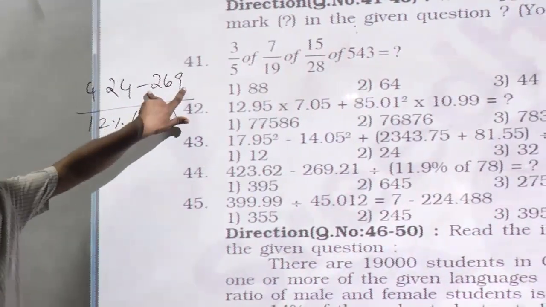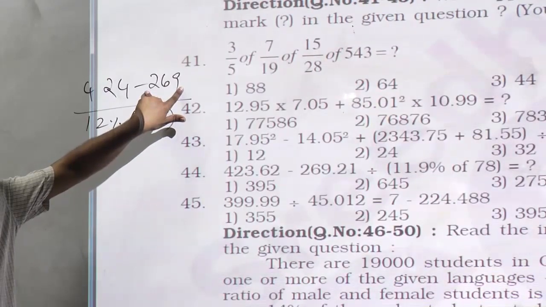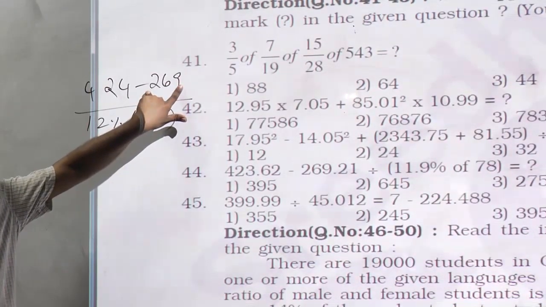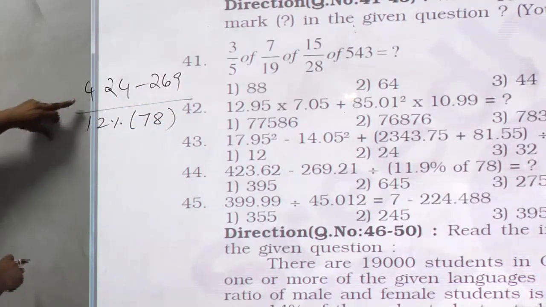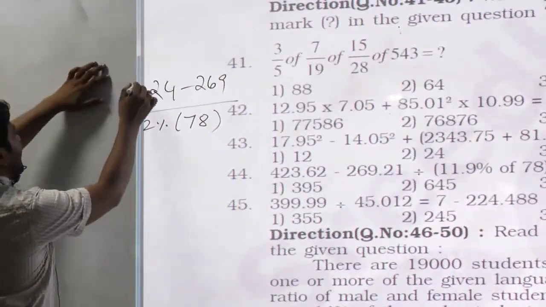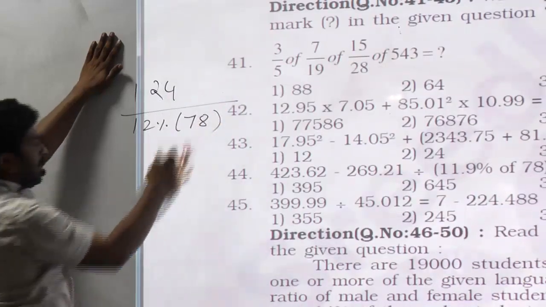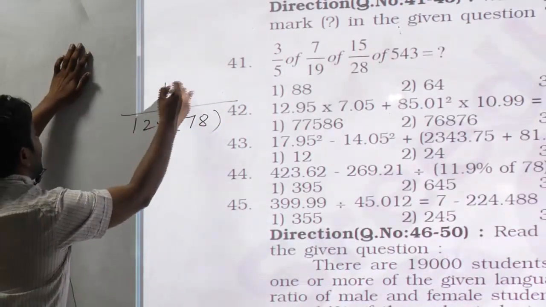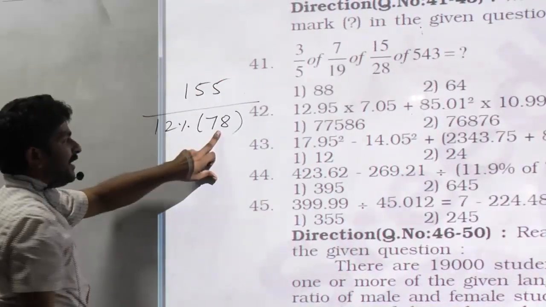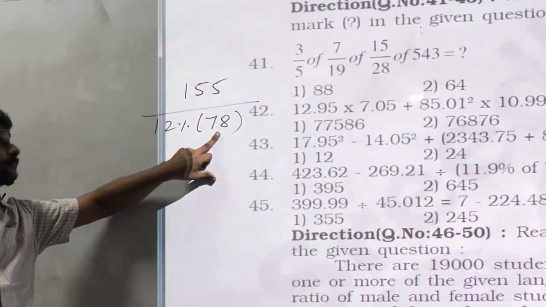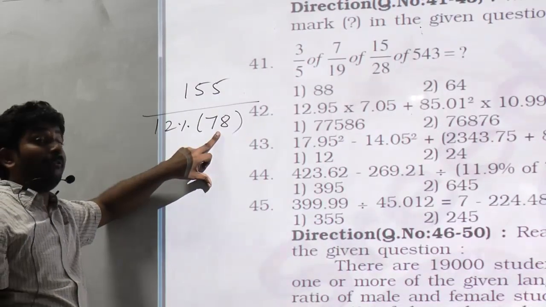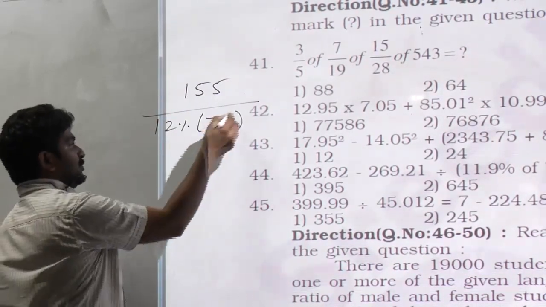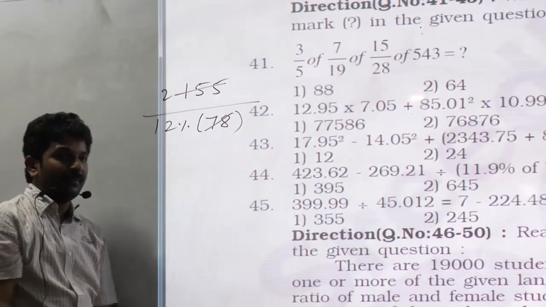Instead of 269, subtract 300, add 31. When you subtract 300, you'll have 124. And then you need to add 31. It becomes 155. 78 2 times is 156. How many times? 2 times. So you can write 2 here.